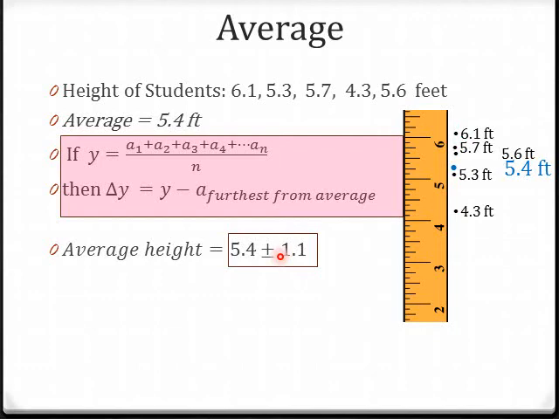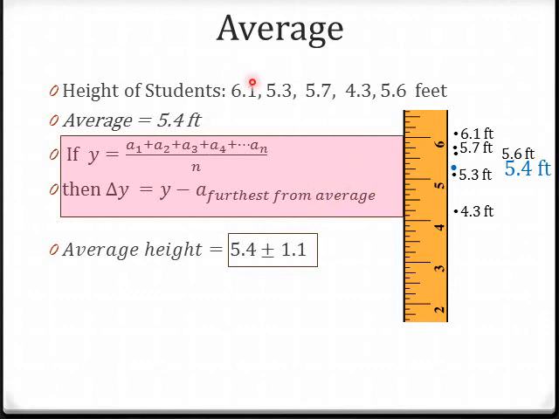However, every now and then, it doesn't happen too often, the uncertainty of an individual trial is actually greater than the uncertainty calculated by this method here. If that's the case, then we're just going to stick with the largest amount of uncertainty that we get.